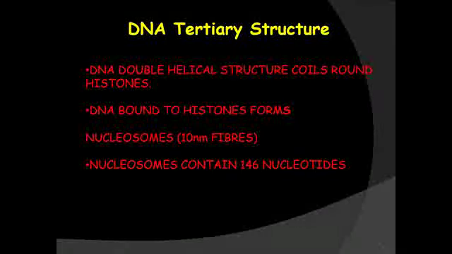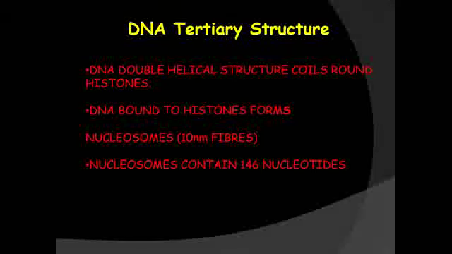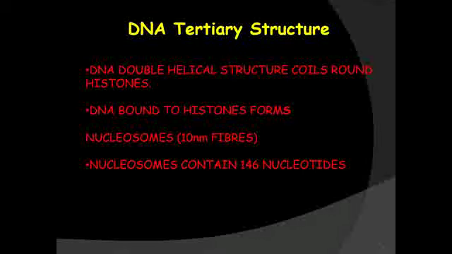So DNA, when we talk of its primary structure, the linear sequence is a polynucleotide chain. Two polynucleotide chains coil around each other to form the double helix. This double helix then interacts with the histones to form the secondary and tertiary structures.